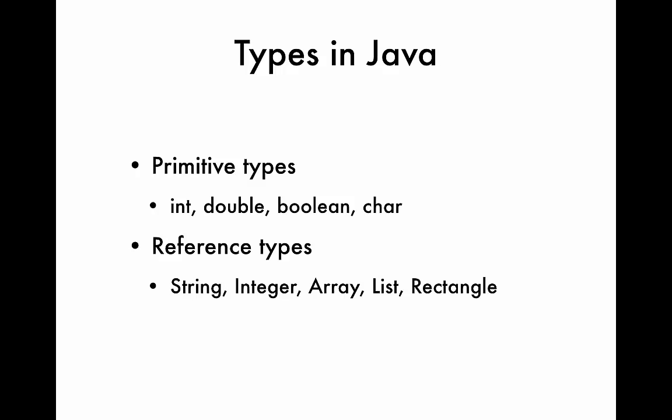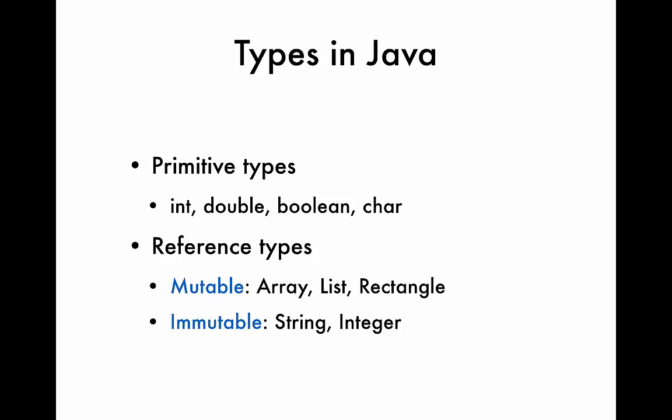A variable of a reference type holds a reference to an object. A reference is simply the memory address of an object on the heap. But when it comes to reference types, there's another distinction that's important to understand. Reference types can either be mutable or immutable.